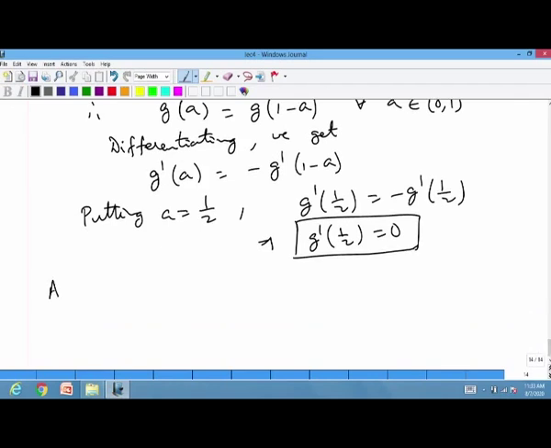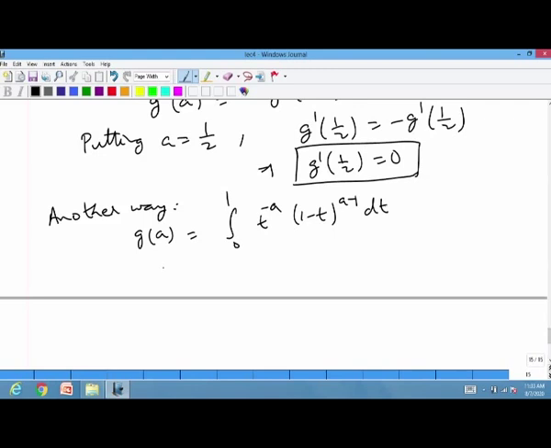Another way to calculate this g prime of half is, we have g of a is equal to the integral 0 to 1 of t to the minus a, (1 minus t) to the a minus 1 dt. This implies g prime of a will be equal to the integral of 0 to 1 of the partial derivative with respect to a of t to the minus a (1 minus t) to the a minus 1 dt.